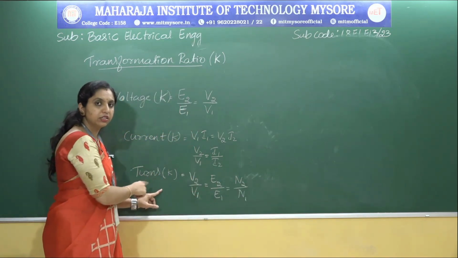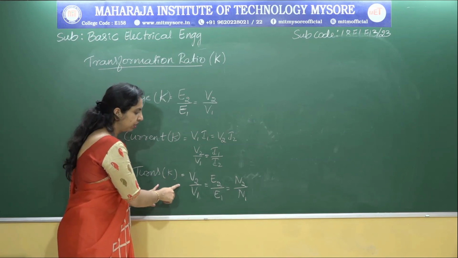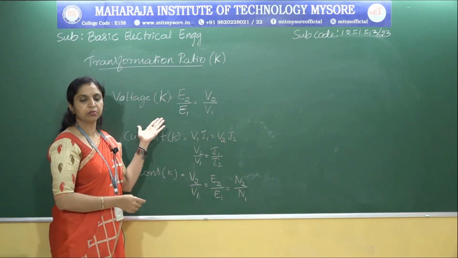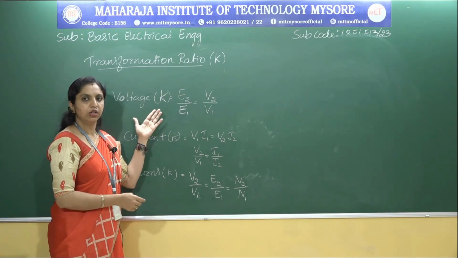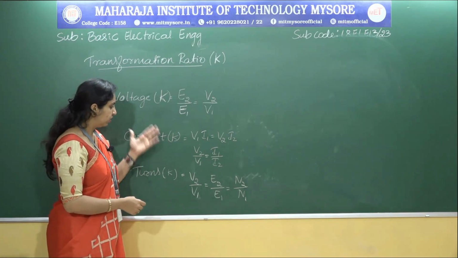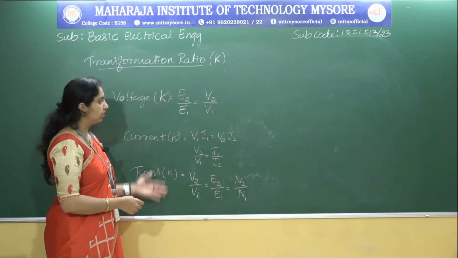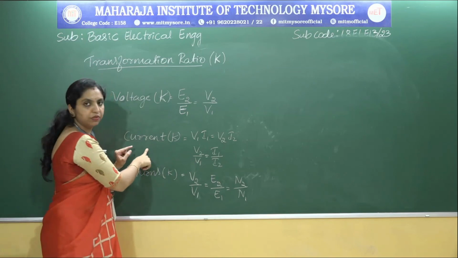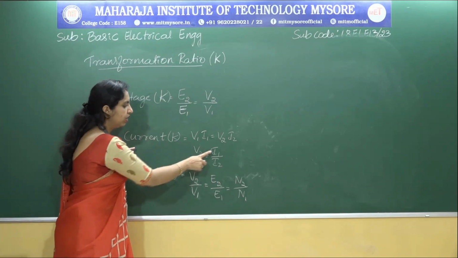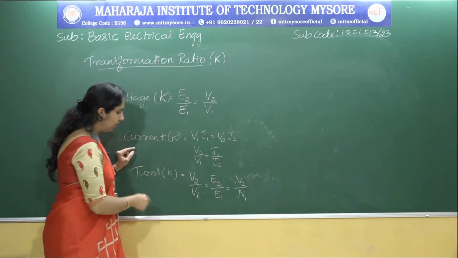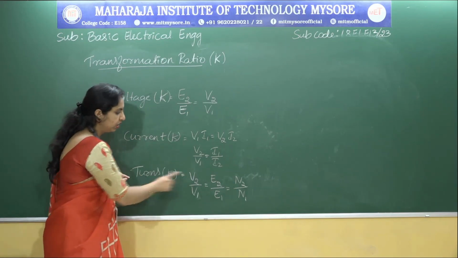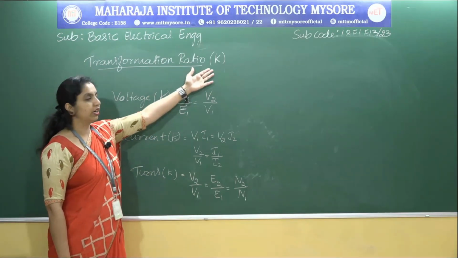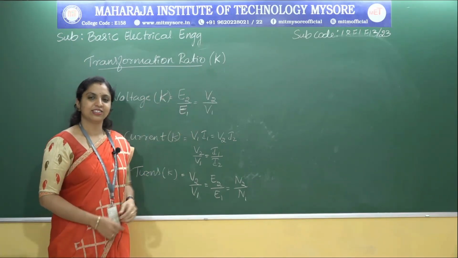So we can express the turns ratio as N2 by N1. The transformation ratio can be expressed in three forms: in terms of voltage, which is V2 by V1 or E2 by E1; in the form of current, which is I1 by I2; and in the form of turns, which is N2 by N1. That is all about the transformation ratio, which can be represented as K. Thank you.